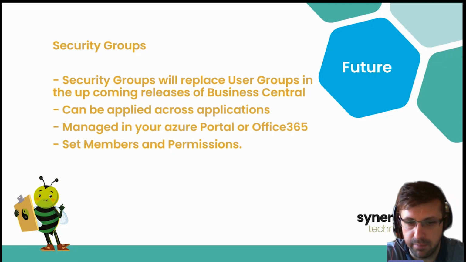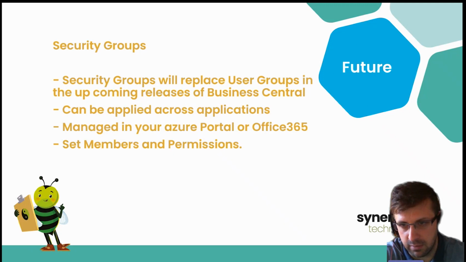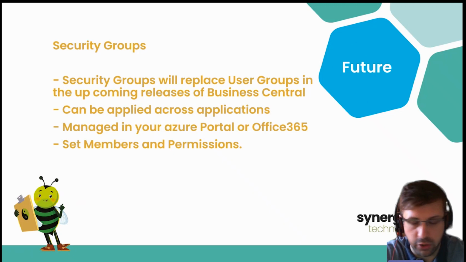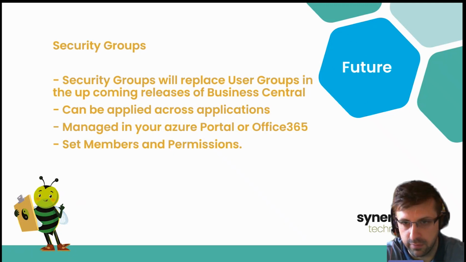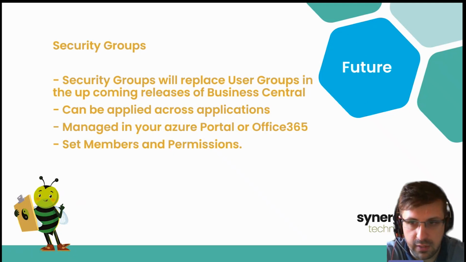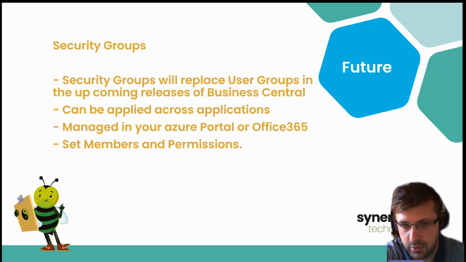Security groups are in essence the same thing, but instead of creating it in Business Central, you create it outside the application, and that means that it can be applied across applications. We all know Microsoft want you to have their whole suite of solutions, so their CRM, their customer service management, all the rest of them. The idea being that at some point you'll be able to set a security group that you can then apply across all these platforms.